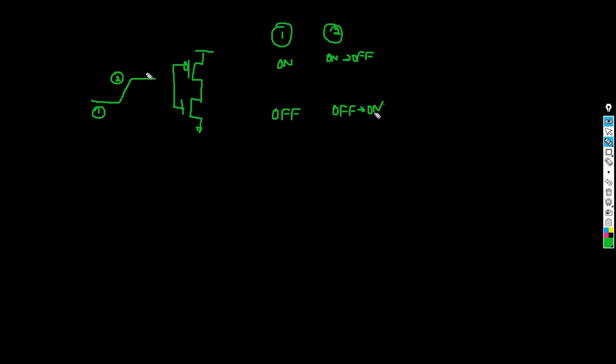And then third, it is going to be completely off, because 3 is basically logic 1, and for logic 1 the PMOS on the top is kind of off, and the NMOS would be kind of on.